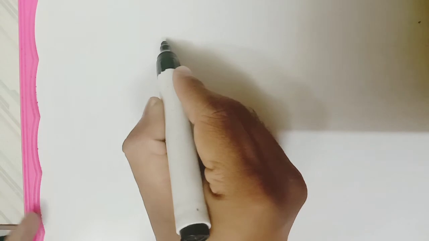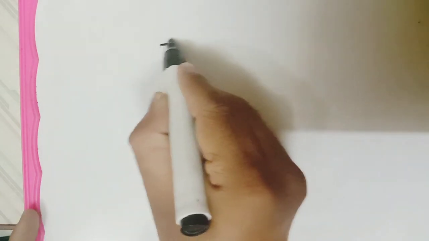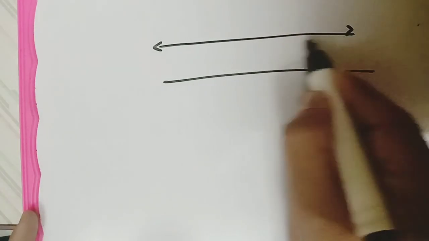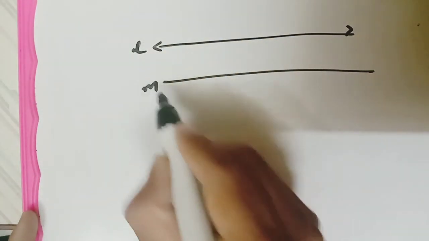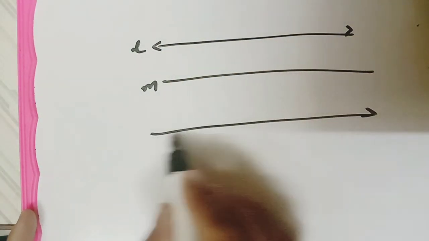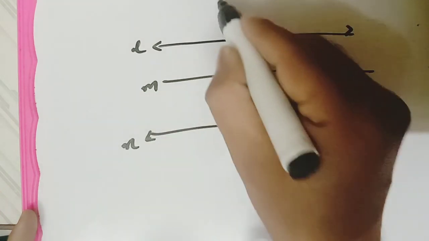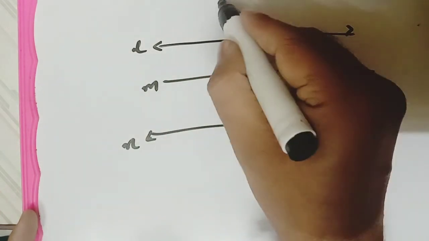Now we will see: L is parallel to M, and M is parallel to N, and T is the transversal.